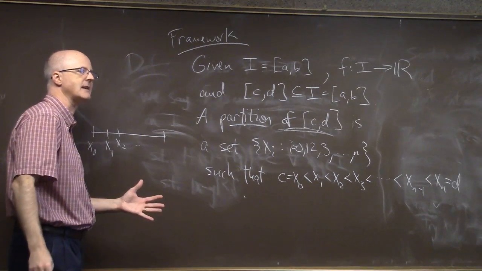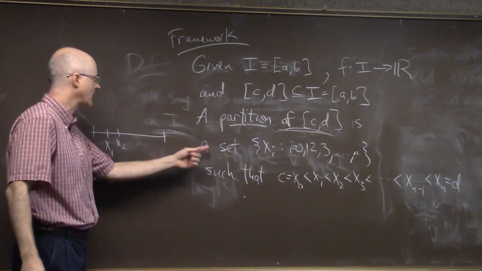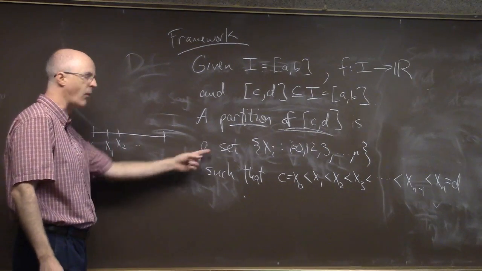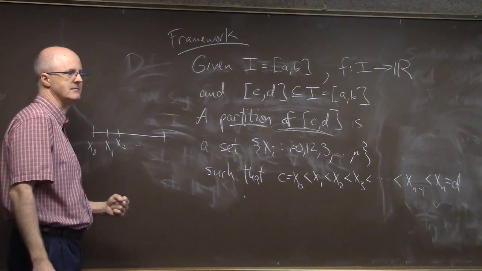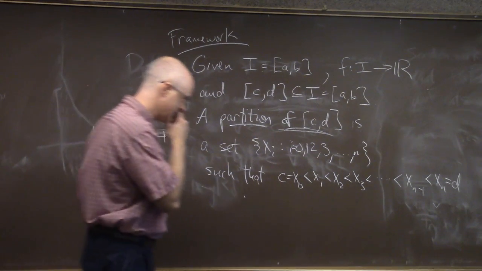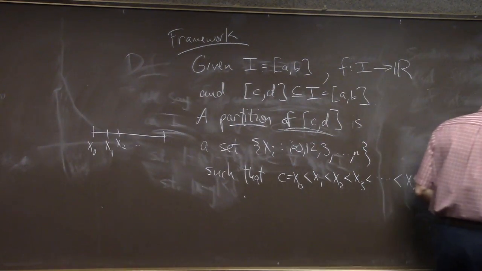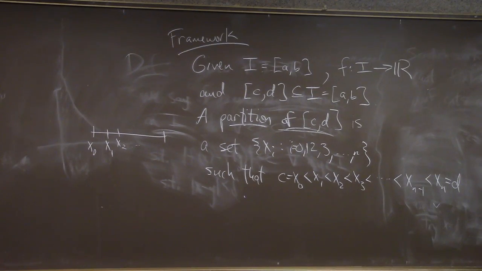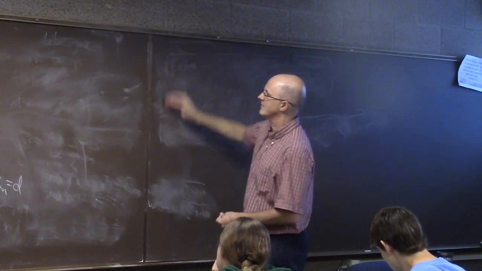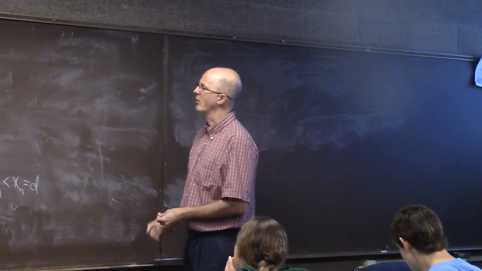So it's a similar idea. Although here we're not talking about the partition being the sets themselves, but the points, the endpoints. So in that sense, it's also different. That's our framework.